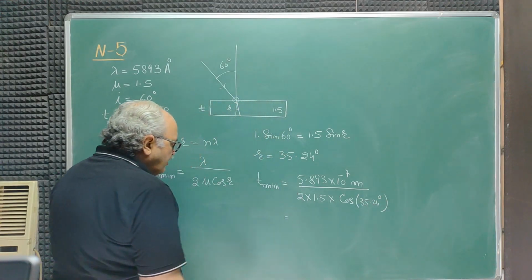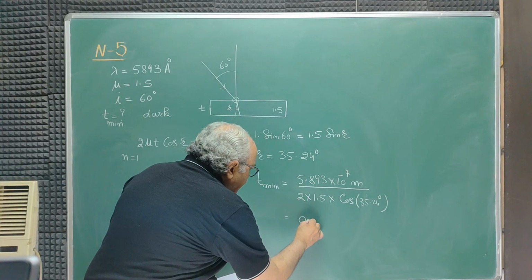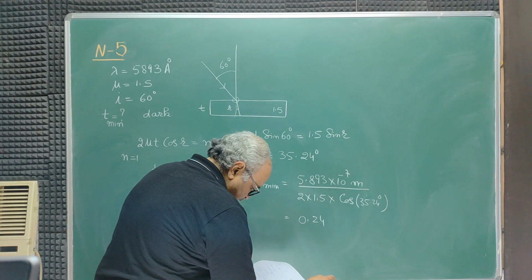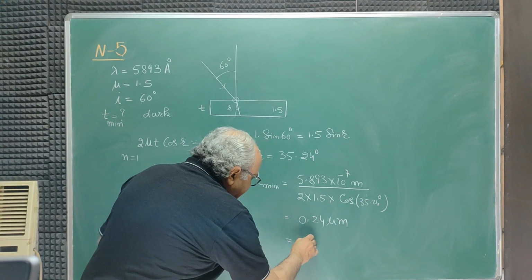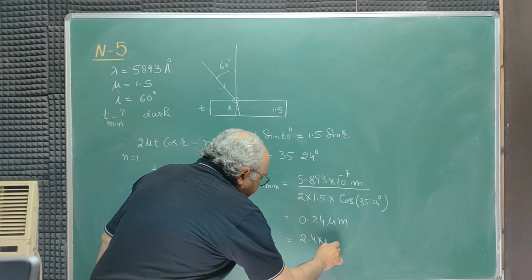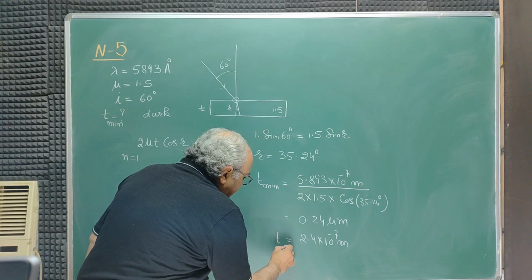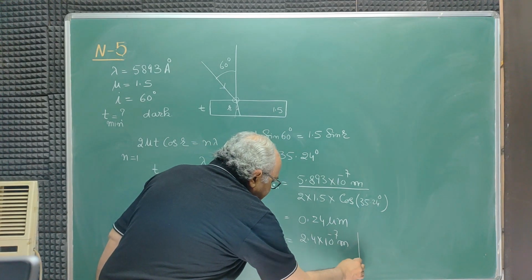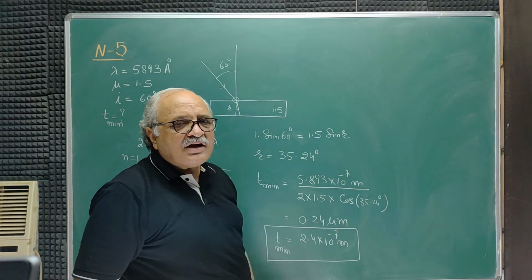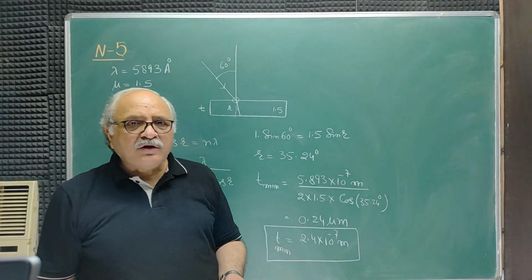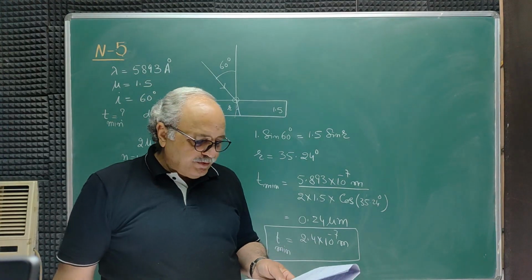Solving it, we get this value as 0.24 micrometer, or you can write this as 2.4 into 10 to the power minus 7 of meter. So this is the T minimum. The film will appear to be dark to you because of destructive interference we get in the reflected mode.